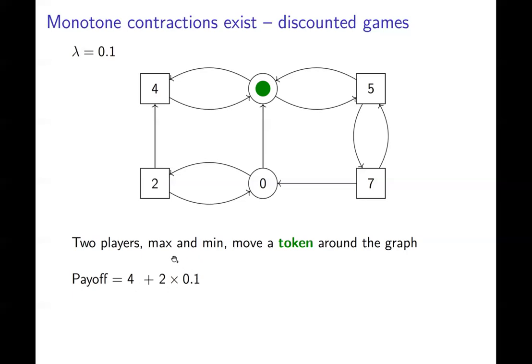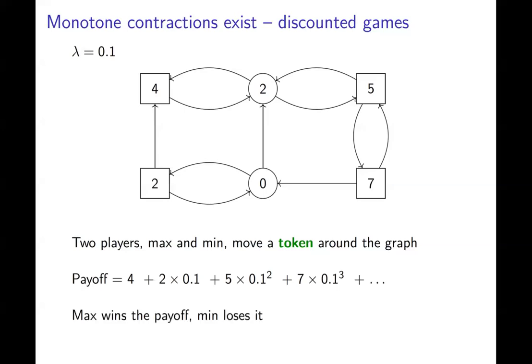Next, the min player plays, and then there's further discounting for the payoff, and so on and so forth, as we progress through the graph and the players play in turns. This payoff is won by the max player, and min loses this payoff. So max has an incentive to maximize this payoff, and min has an incentive to minimize this payoff.